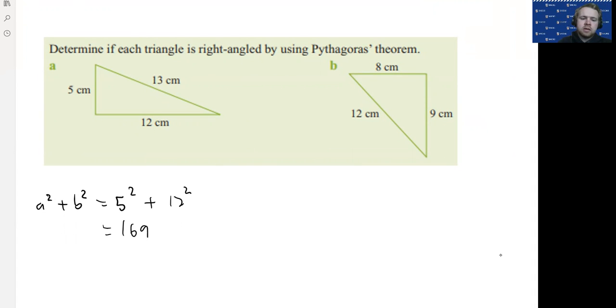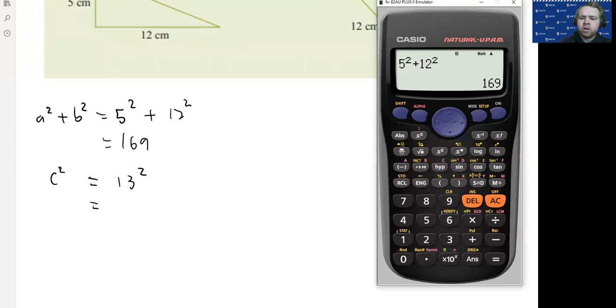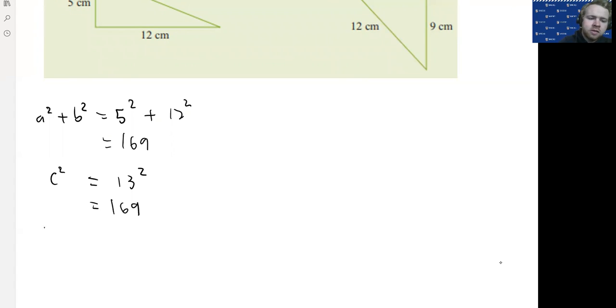Then c squared is going to be 13 squared. We put that in our calculator, 13 squared equals 169. So therefore, a squared plus b squared equals c squared, and the triangle is right angled.